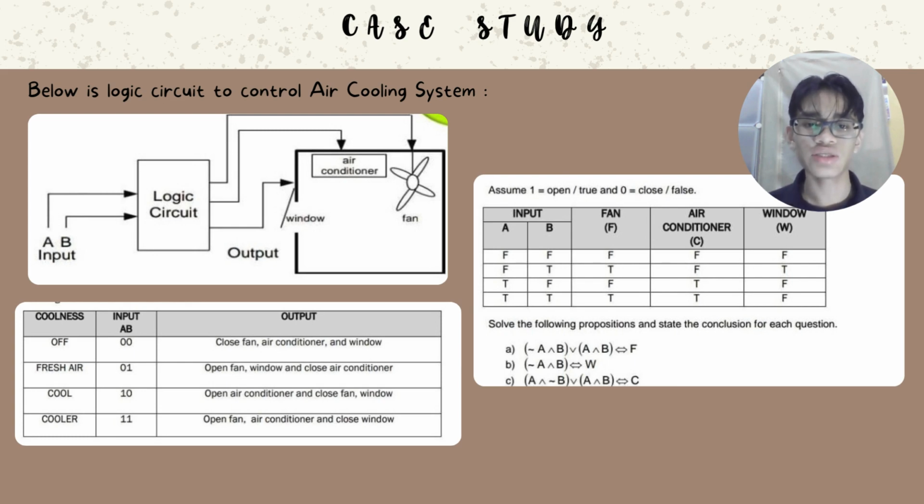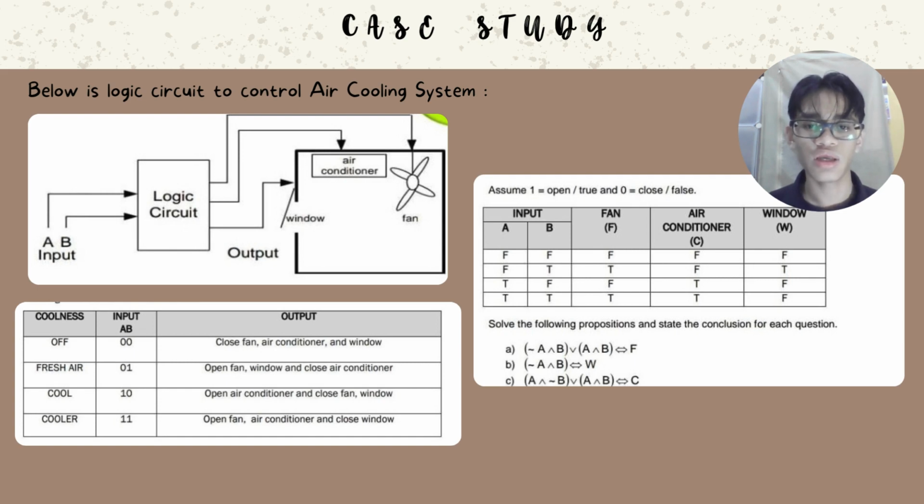If A and B are both false, the fan, air conditioner, and window will become false. If the input A is false and the input B is true, fan will become true, air conditioner will become false, and window will become true.